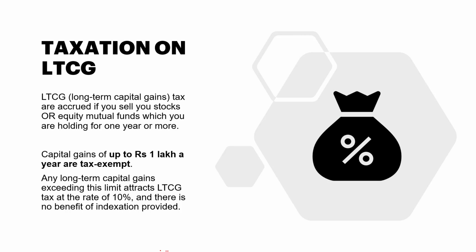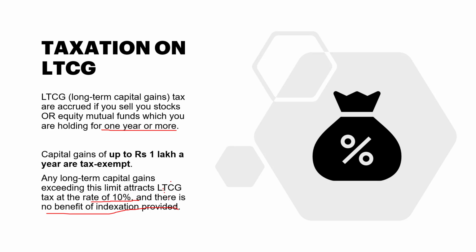What is LTCG? Long-term capital gains tax applies if you are selling an equity mutual fund after 1 year or more. LTCG up to 1 lakh rupees is tax exempt, and beyond 1 lakh rupees you have to pay 10% tax, with no indexation benefit.